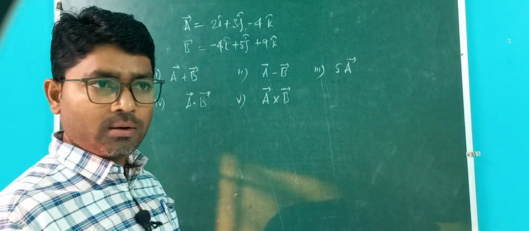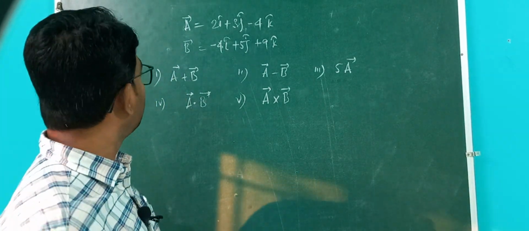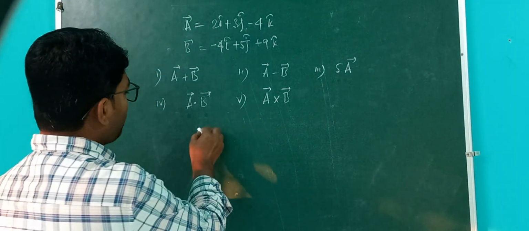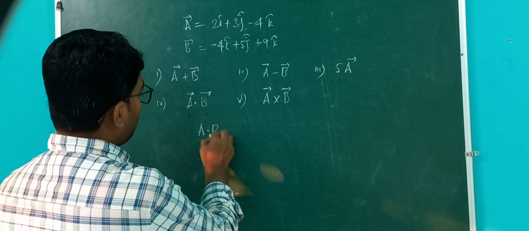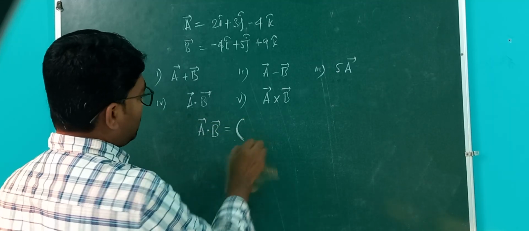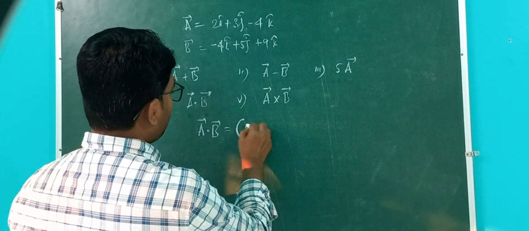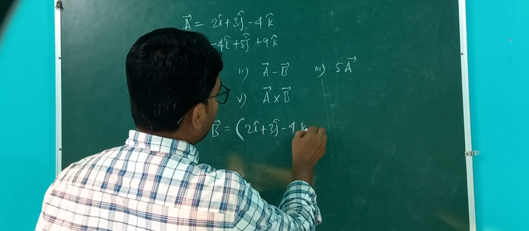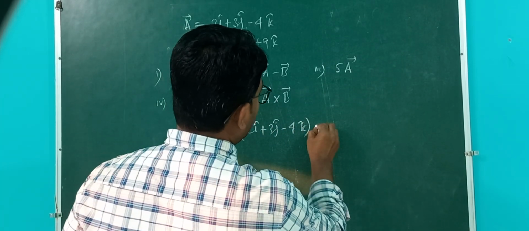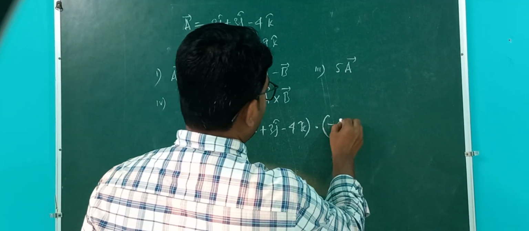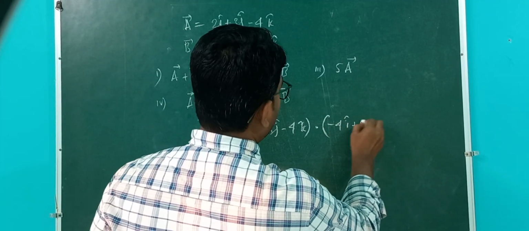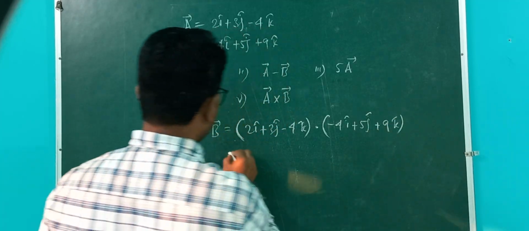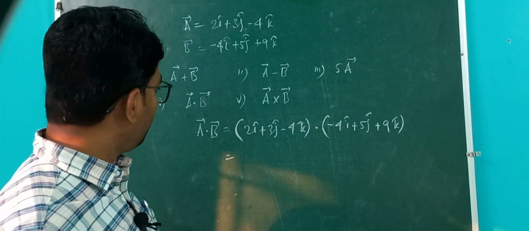Multiplication between two vectors can be done in two ways: one is dot product, another is cross product. First is the dot product, A dot B. How can you calculate A dot B? Rewriting the vectors: 2i plus 3j minus 4k dot minus 4i plus 5j plus 9k.